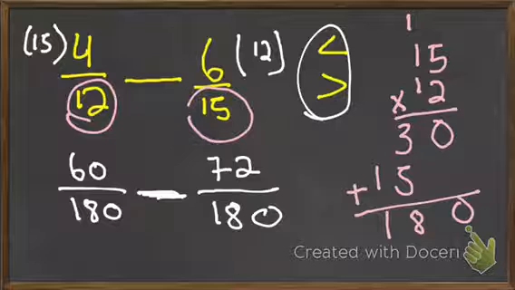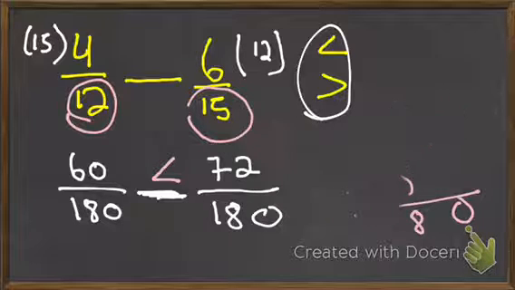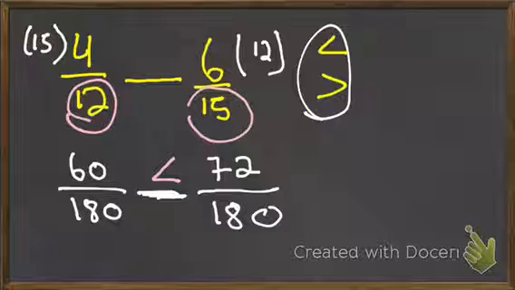So if you look at both of your numerators, which is larger? Well, the 72. So larger. Always with the signs, if you get confused, to know which way to put it, think about it like this.